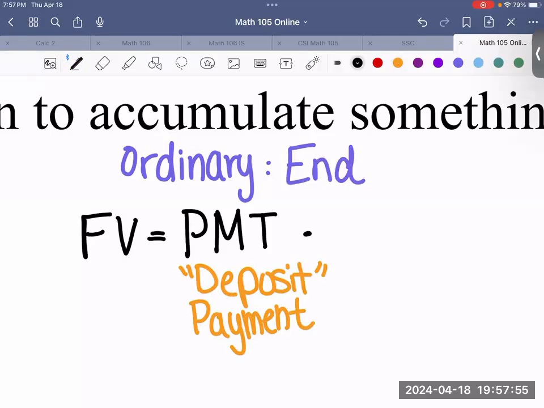Now you have your payments, and then on top of those payments, we're going to have some series of compound interest going on.